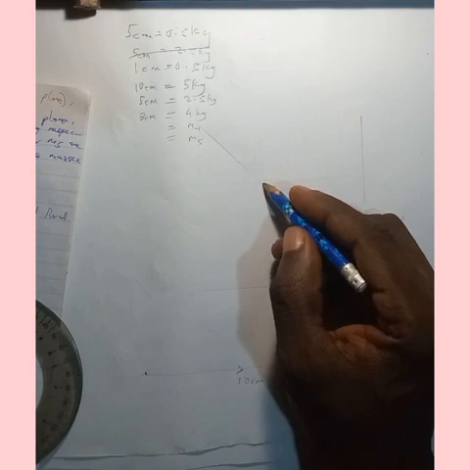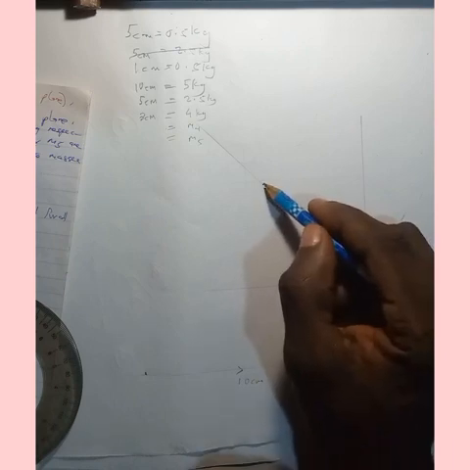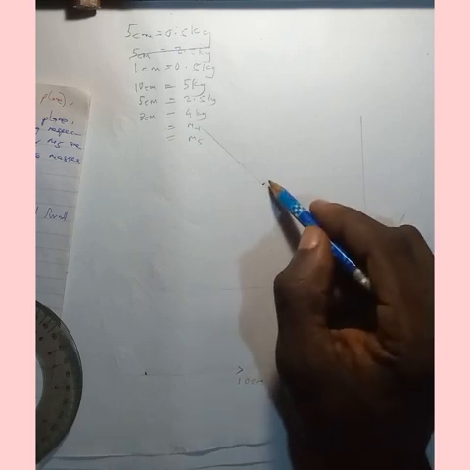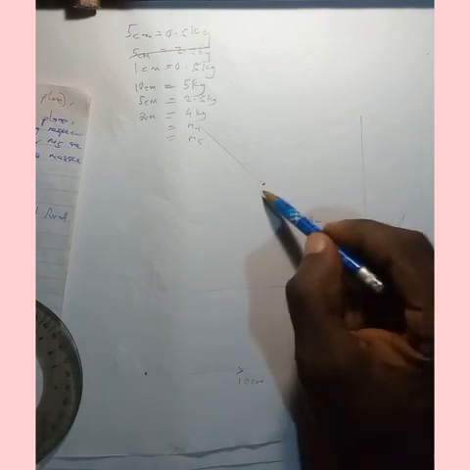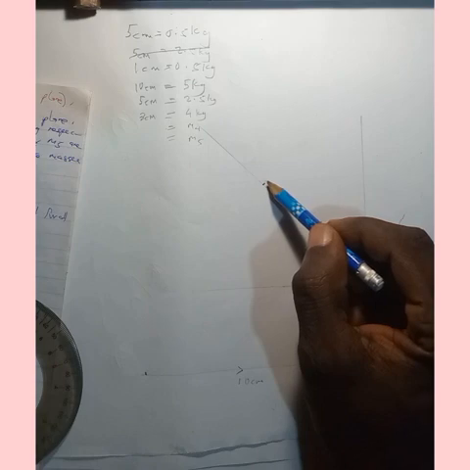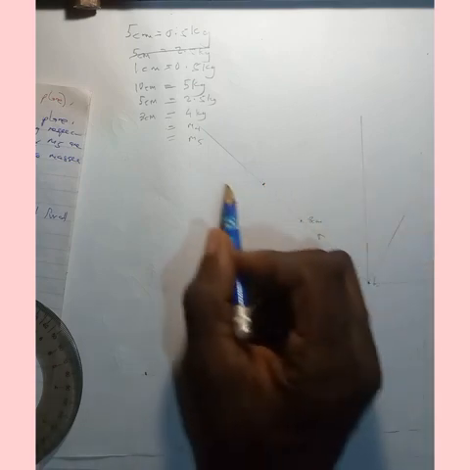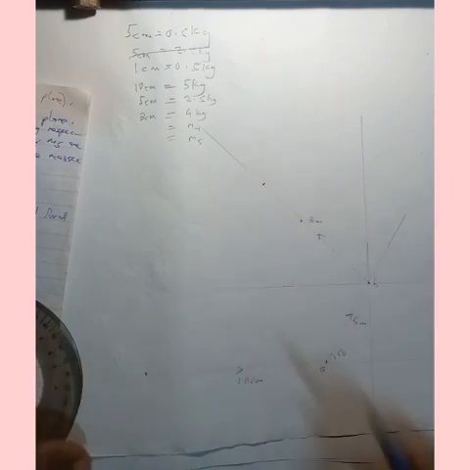Okay, so now the next one is M4. We know the direction of M4, and the direction of M4 is, that's after 135, 210. It means we need to draw another horizontal line and vertical line here, so we'll be able to place our protractor to measure 210 degrees.